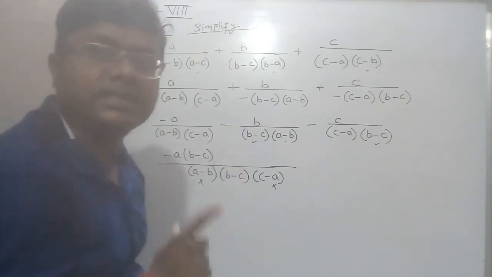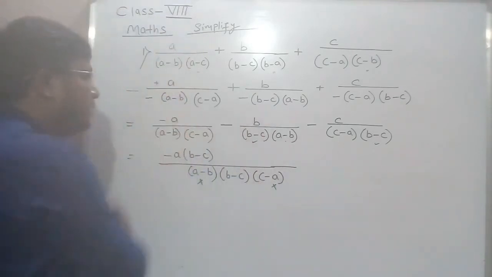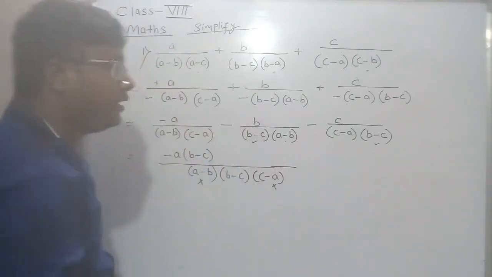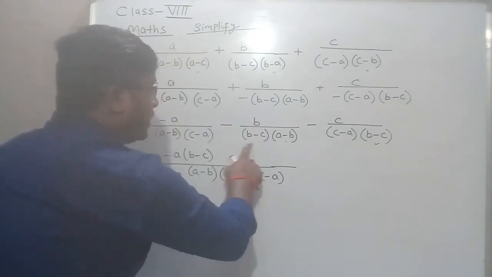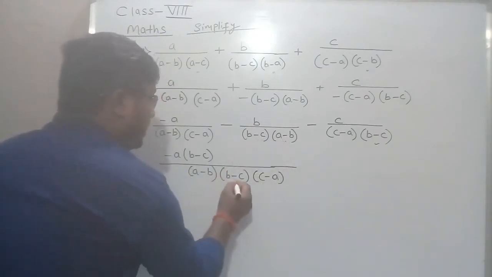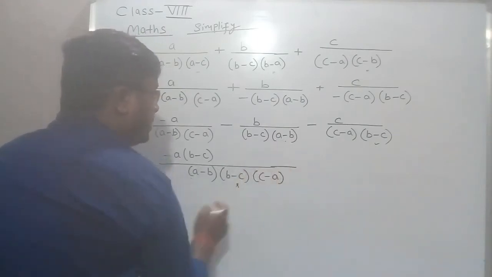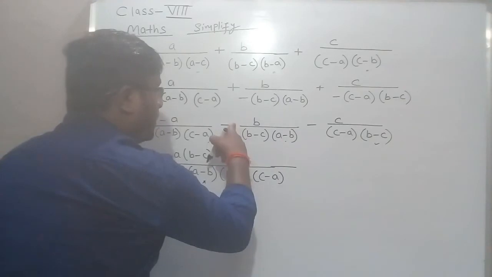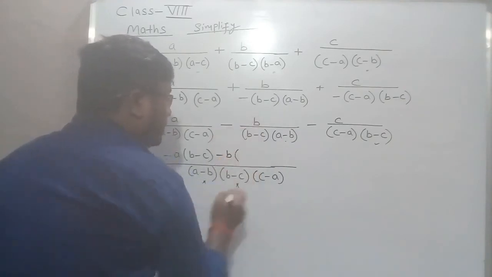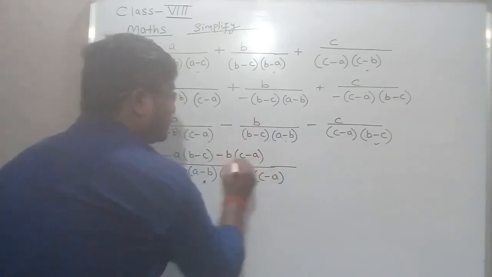Remaining one B minus C will be multiplied with the numerator. Let's see the next one. Here B minus C and A minus B are cancelled. What is remaining? C minus A, which will be multiplied with minus B, that is minus B into C minus A.